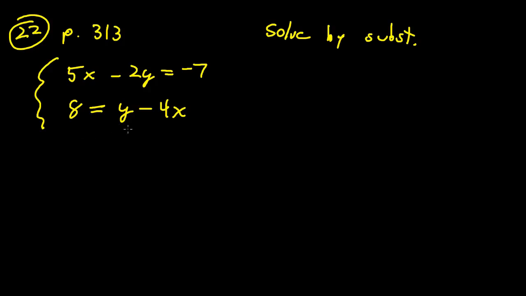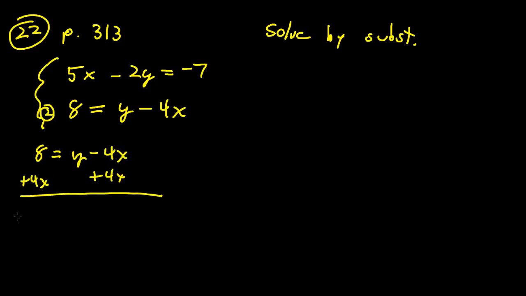Here's y with a coefficient of 1. All I need to do is add 4x to both sides in equation 2. And I'll get y solved for very nicely. So take equation 2 aside. I'll get 8 equals y minus 4x. Add 4x to both sides.